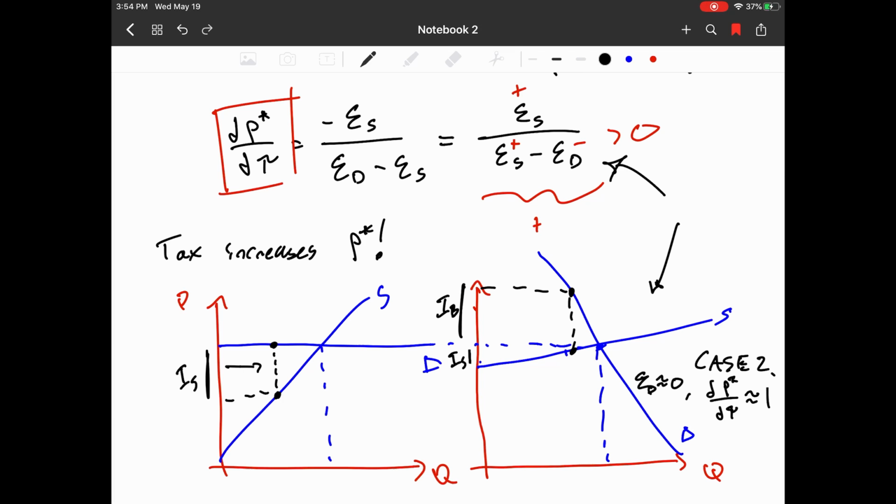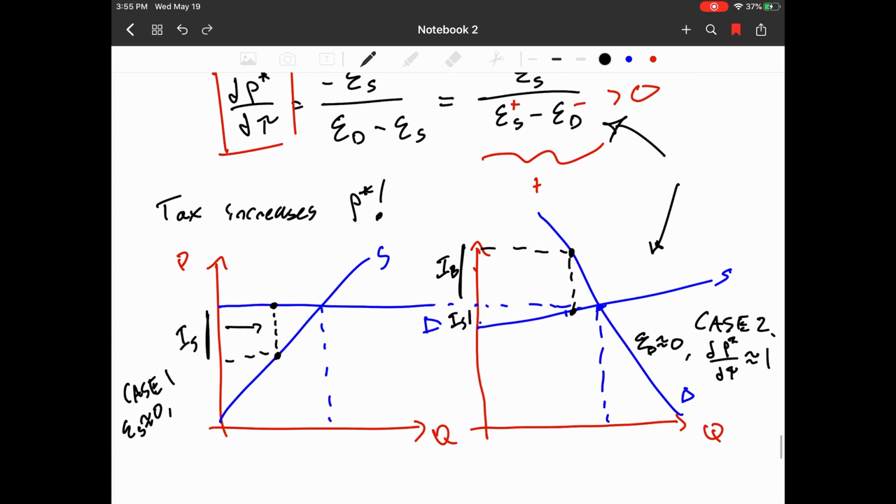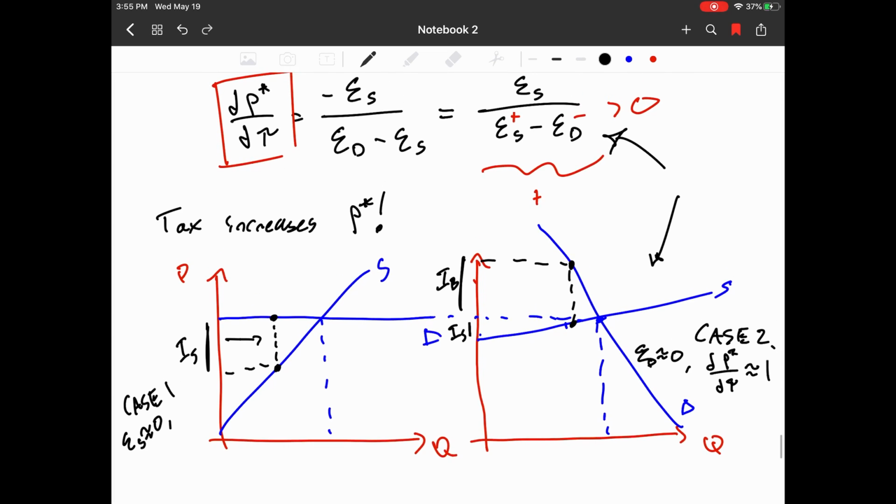Now, when we're in case 1, and elasticity of supply is close to 0, and sellers are relatively less elastic, then you can see the derivative of p star with respect to tau is very close to 0, because the top part here is roughly 0, and this part here is roughly 0.